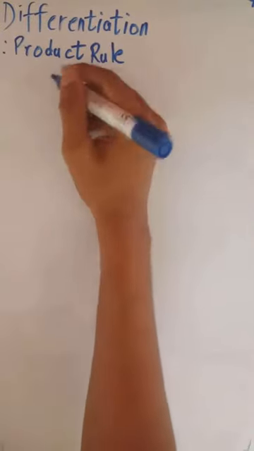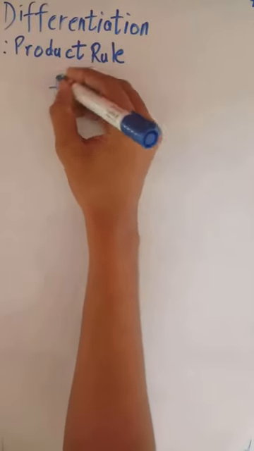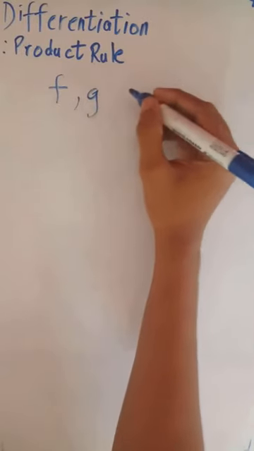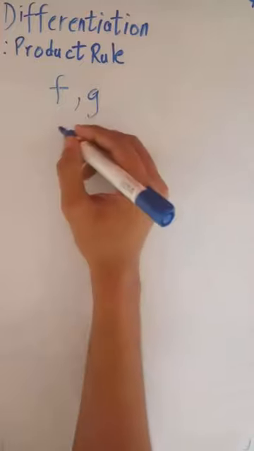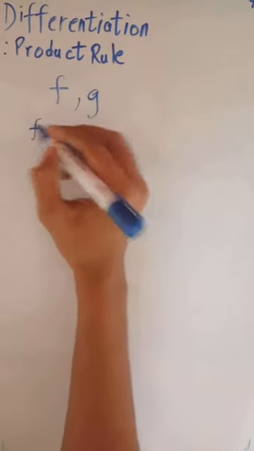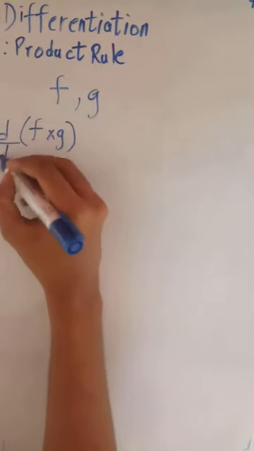The product rule is often stated as follows. If you have two functions, f and let's say g, these are both functions of a variable x. Let's say you take their product, so you have f times g, and you want to find the derivative of this product.